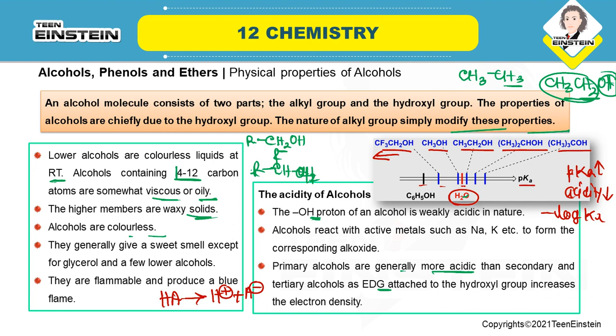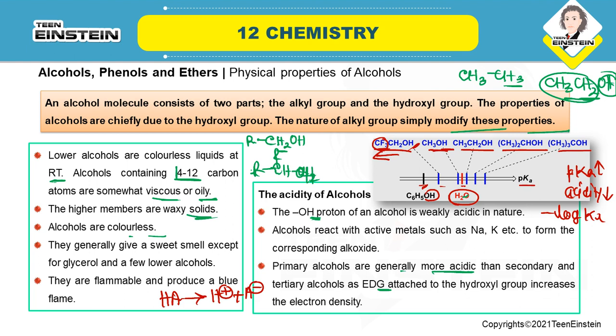Now here, compared to methanol, when we have a CF3 group, that is, one hydrogen replaced by a CF3 group, this is electron withdrawing, so it will increase the acidity of the hydrogen. Similarly, though we have not yet discussed phenol, because that is a special type of alcohol where the OH group is attached to a phenyl group, see here the pK of phenol is even lesser than CF3CH2OH.